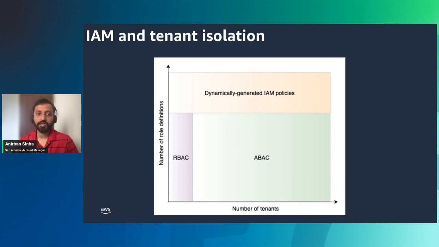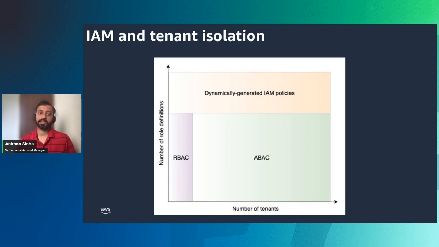Dynamically generated IAM policy is the method where you dynamically generate an IAM policy for a tenant according to the user identity. You may use this method when you have a highly dynamic environment where role definitions frequently change or are added. You may also choose this if you prefer to generate or manage IAM policy by using your code.